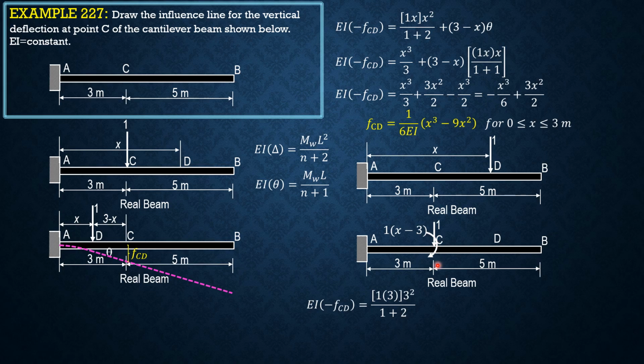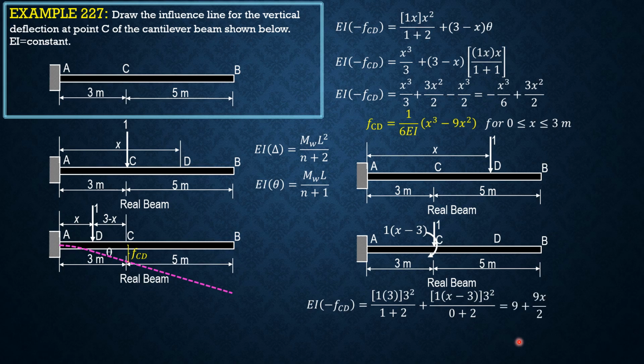Then for the couple, the moment is 1 times x minus 3, length is 3 squared divided by 0 degree for the couple plus 2. So 1 times x minus 3 times 3 squared over 0 plus 2.